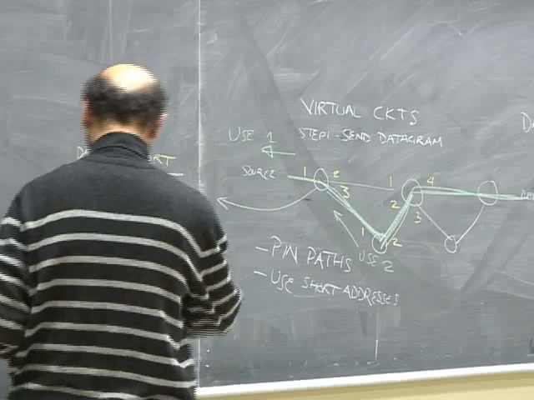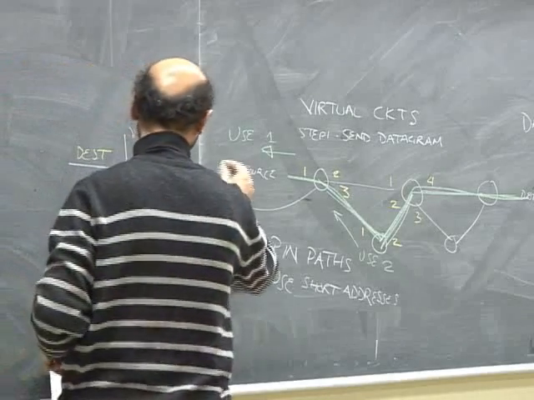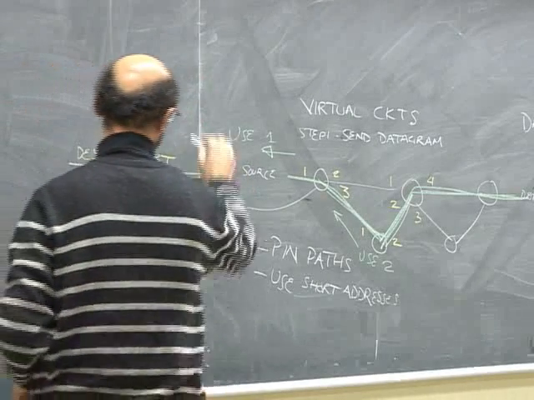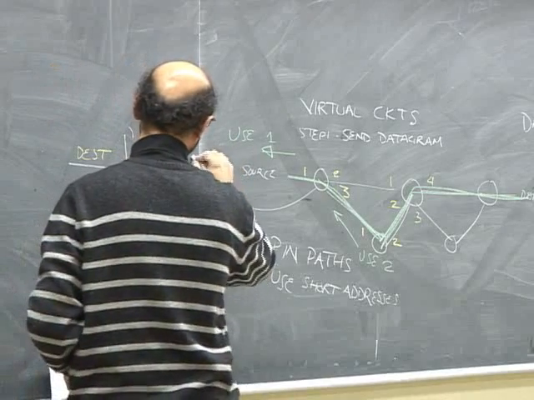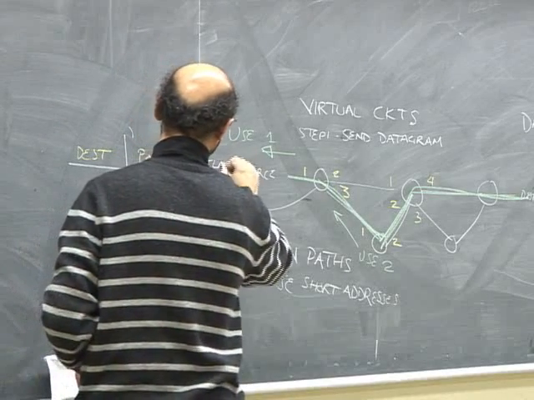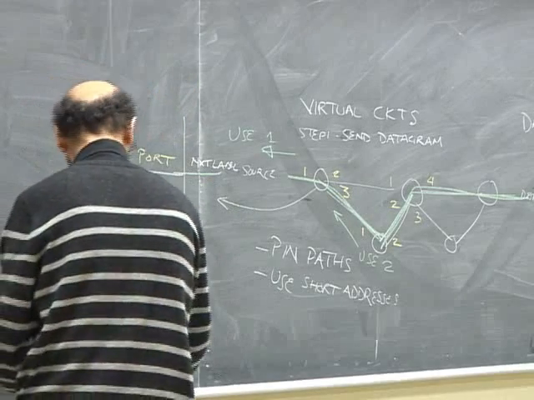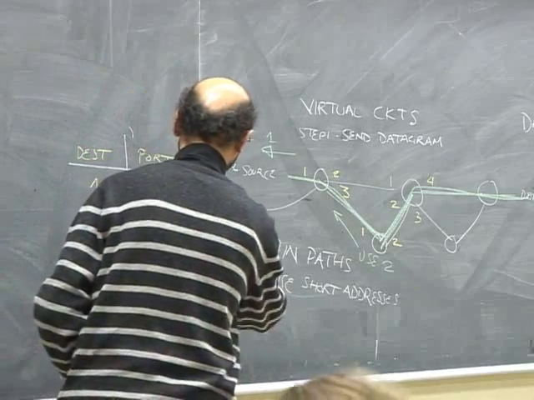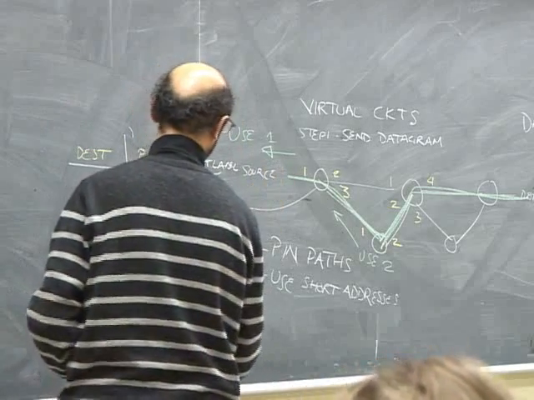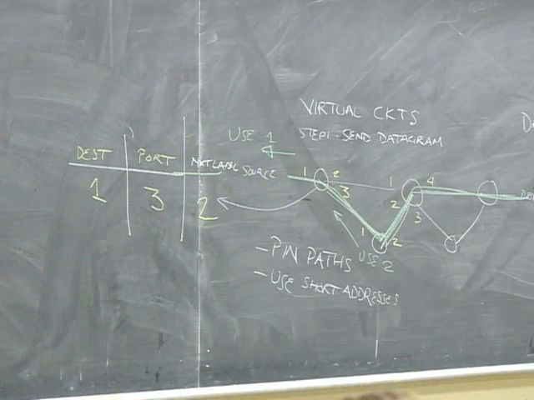So what does it do? This table actually has one more entry in it. And the next label is going to be, in this case, 2. So that's all I really need to tell you.